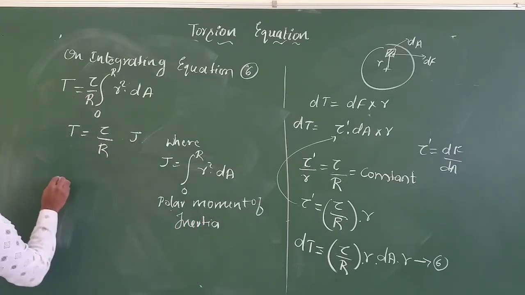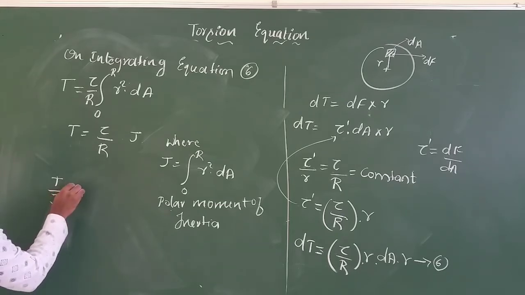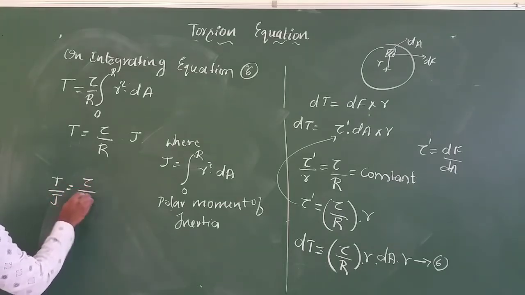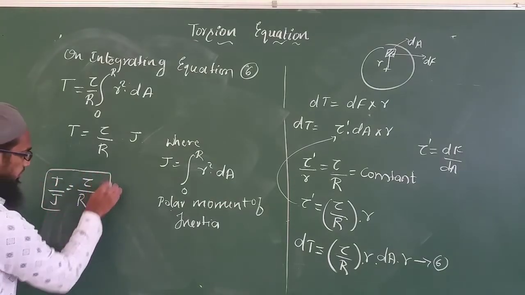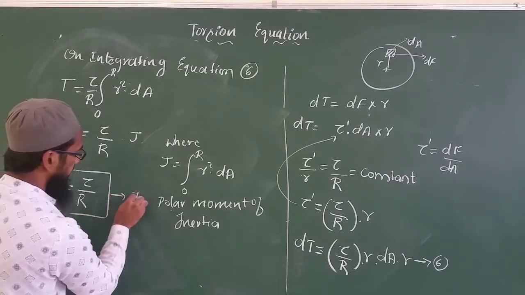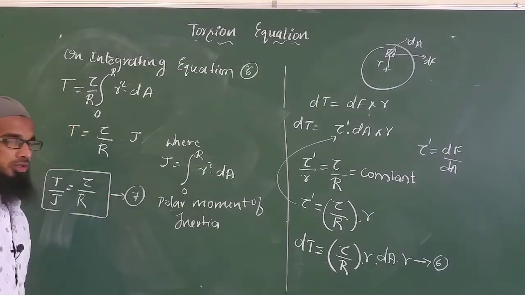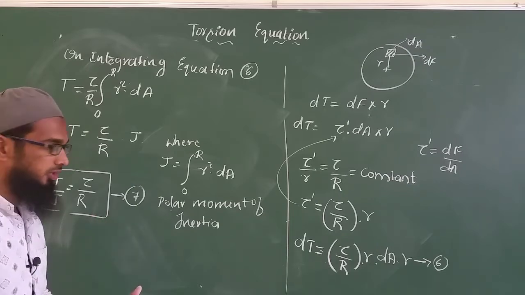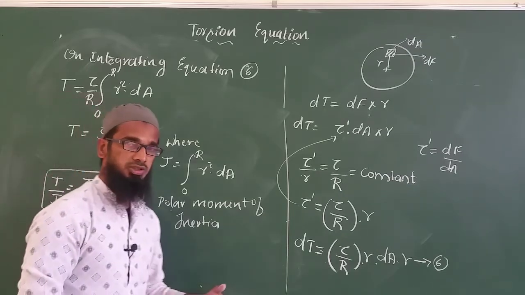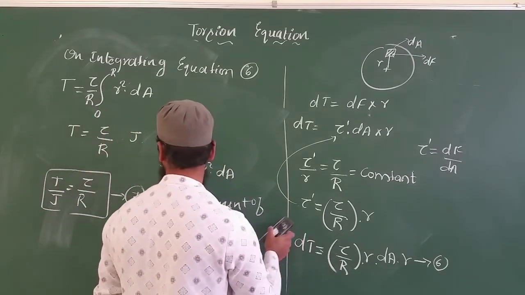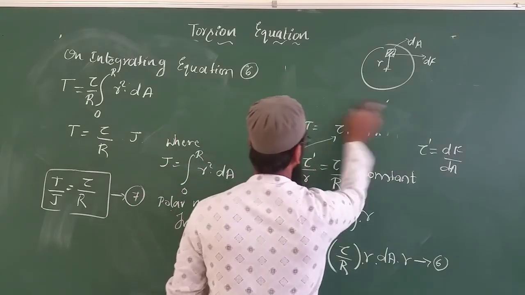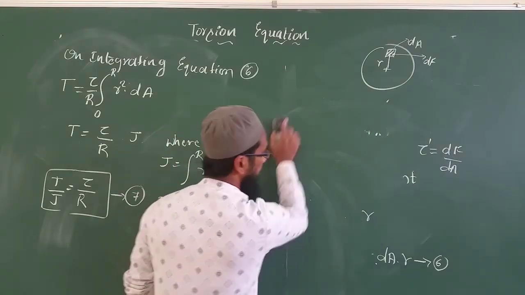From this equation I can write T by J is equal to tau by r. I will take this as equation 7. This is the second part of the derivation. The very first part is tau by r is equal to G theta by L, which we got at equation 4 or 5.